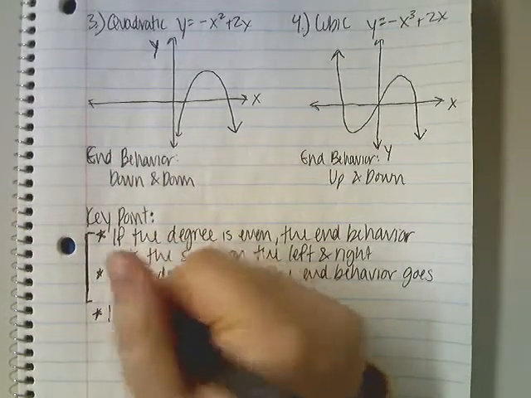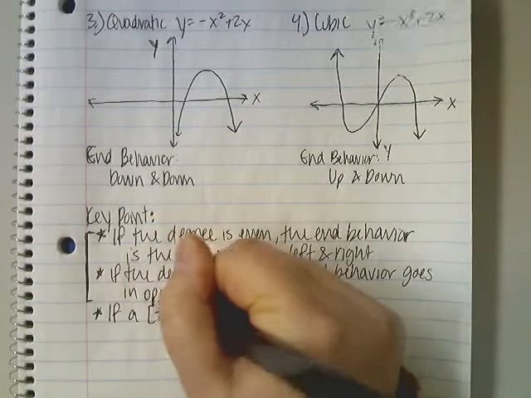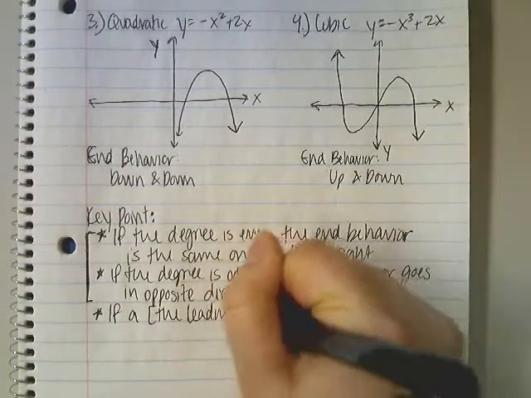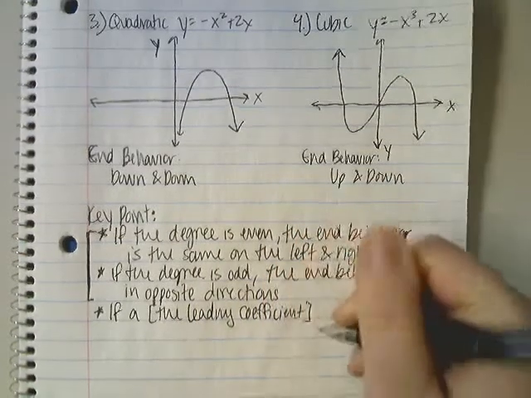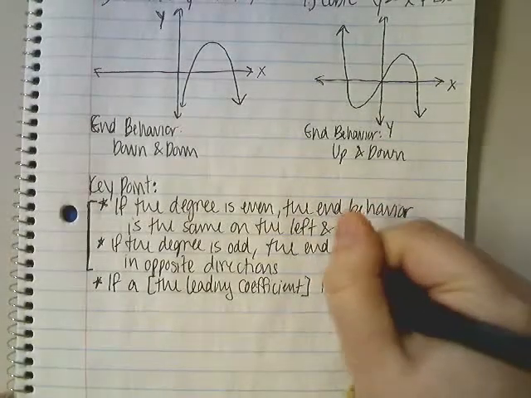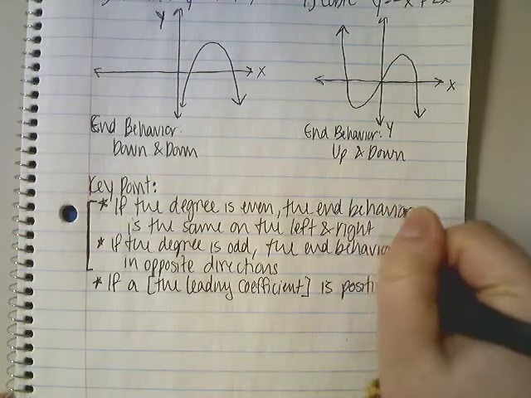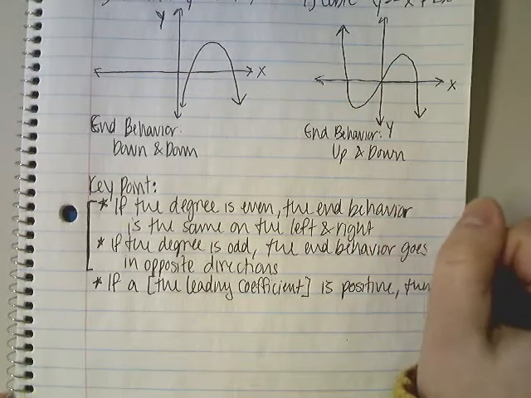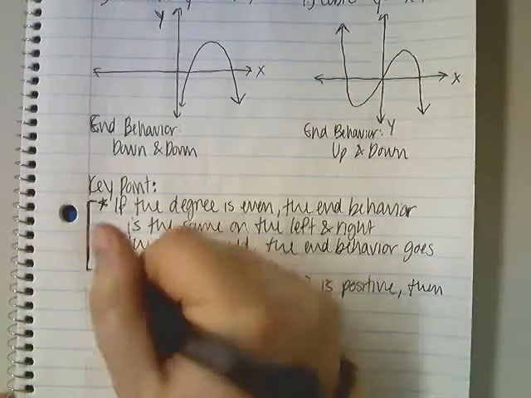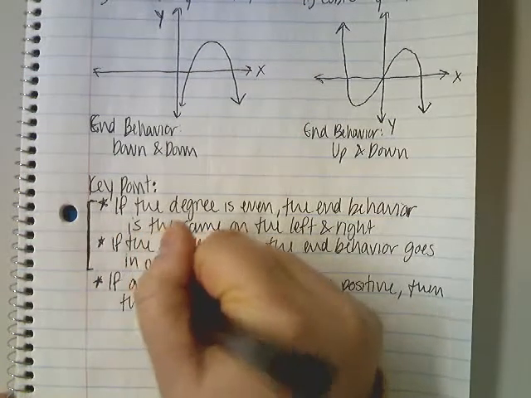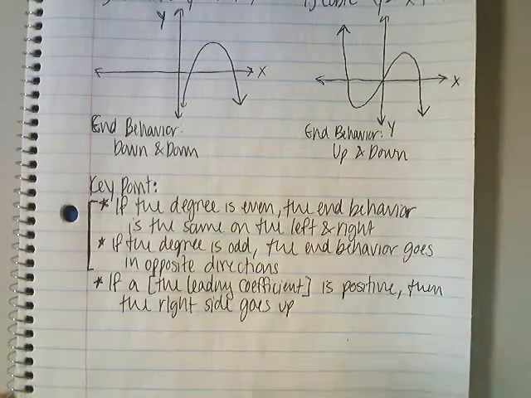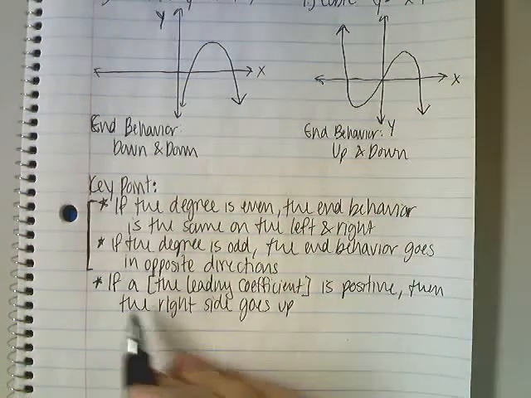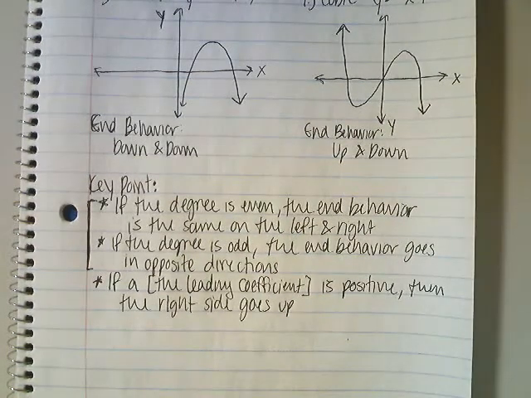So if a, which is the leading coefficient, is positive, then the right side goes up. So similarly, I'm not going to write it, but if a were negative, then the right side would go down.